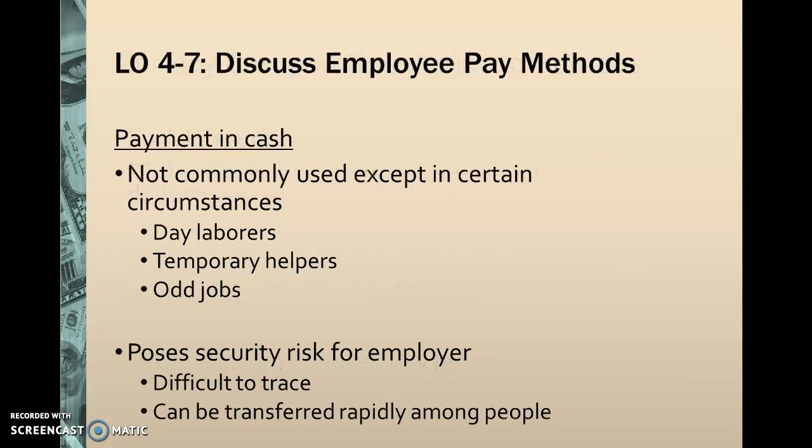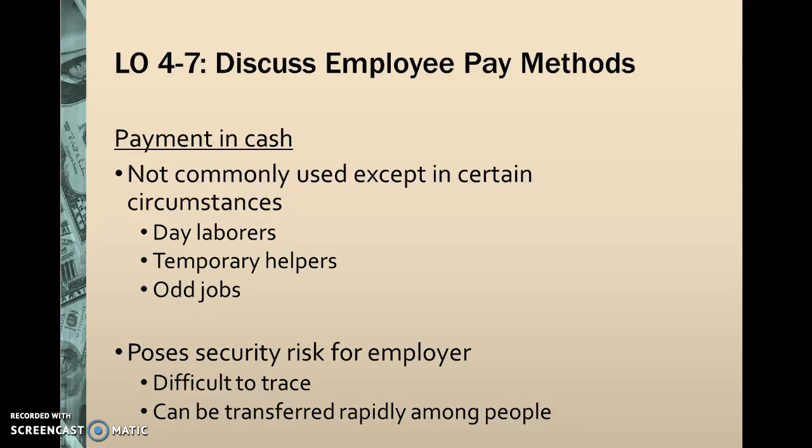All right, learning objective number 7. This is the last learning objective of the book, or in this chapter. Some ways that employees can get paid. They can get paid in cash. It's not commonly used just because there's no record of what is being deducted off the payroll check.